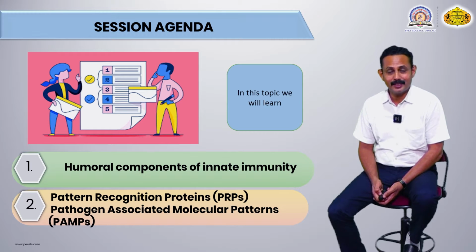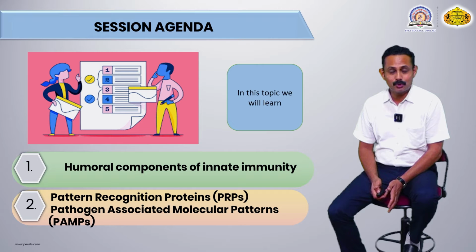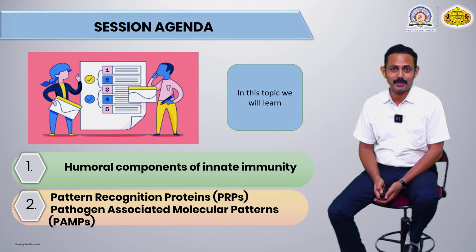But in today's session, we will see its internal parts, where the humoral components, which are soluble in nature and flow in the fluid portion of the body, give protection to each corner of the body against infection caused by organisms.